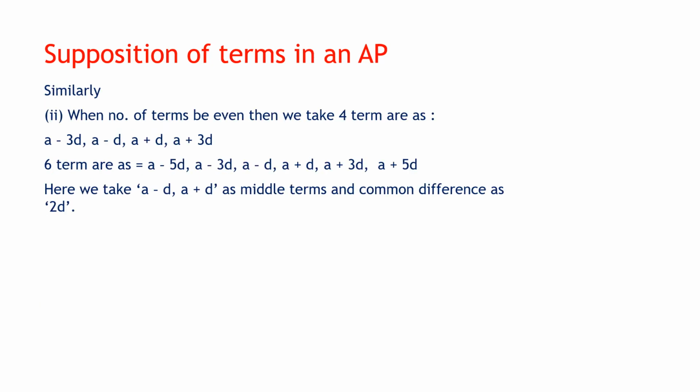Now, what if the number of terms is even? If they are even, you cannot take a as the middle term. Why?